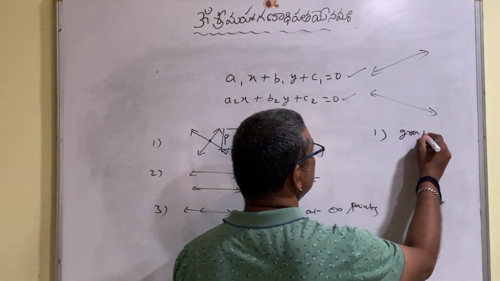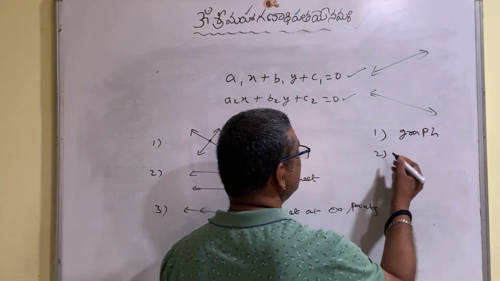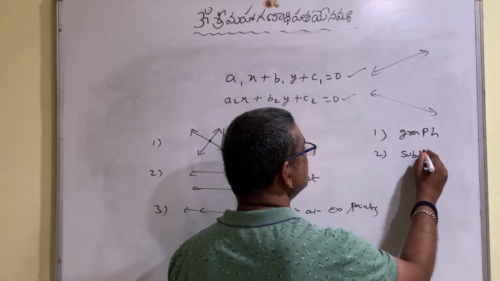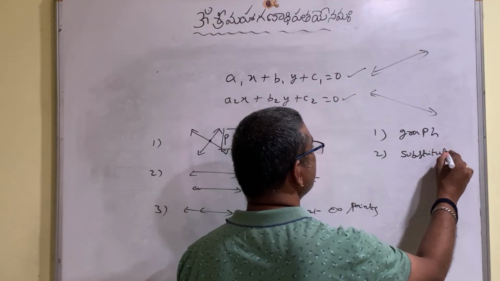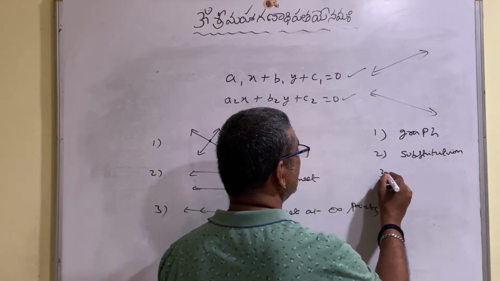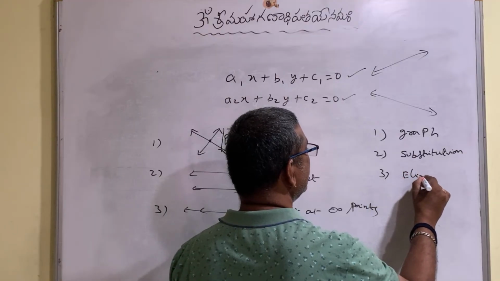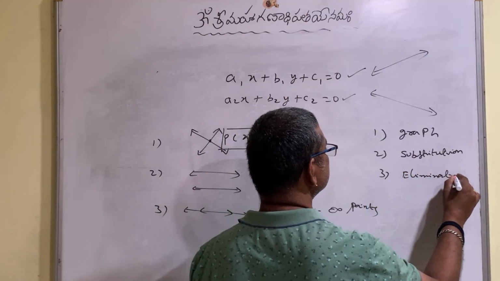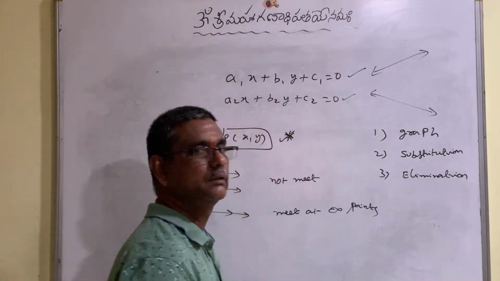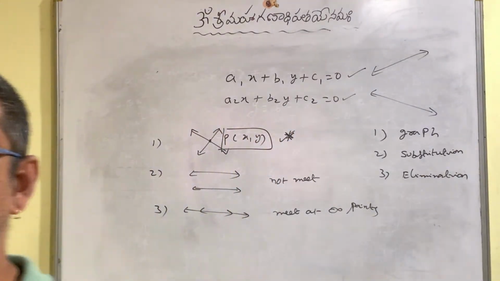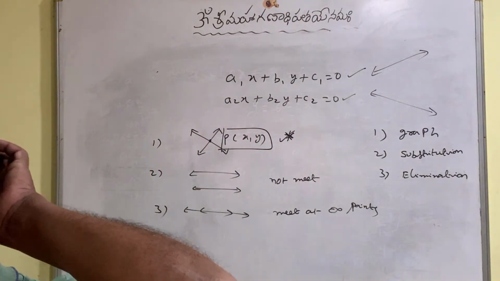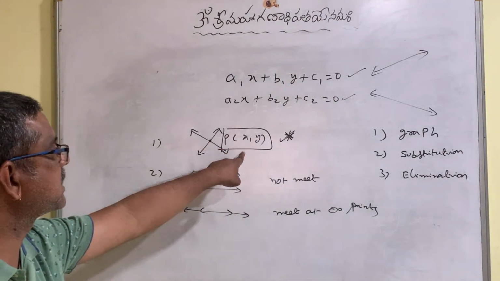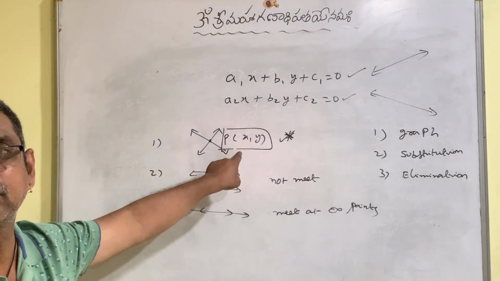One is the graphical method. Second one is the substitution method. Third one is the elimination method. These are the three methods that we can use to find this common solution.